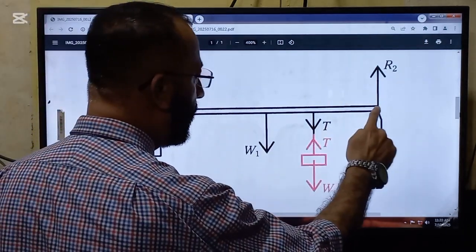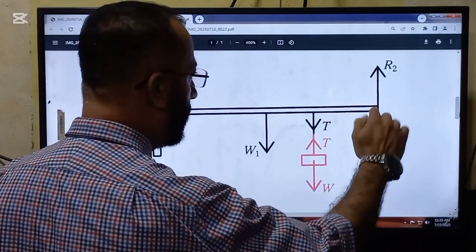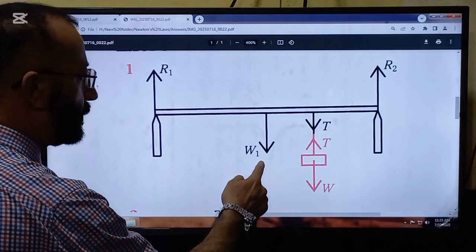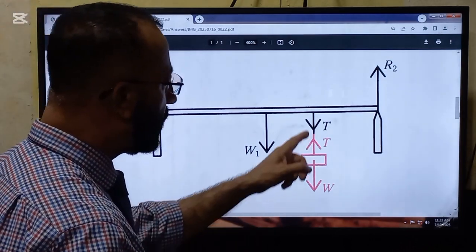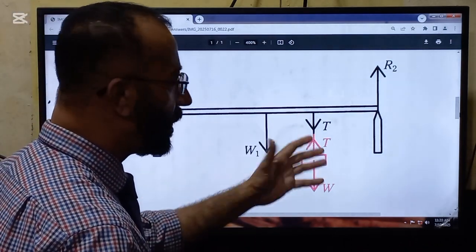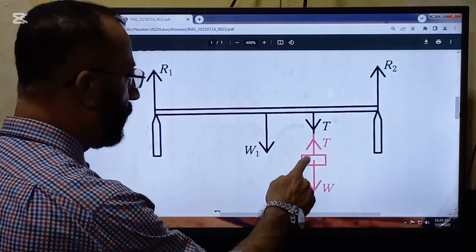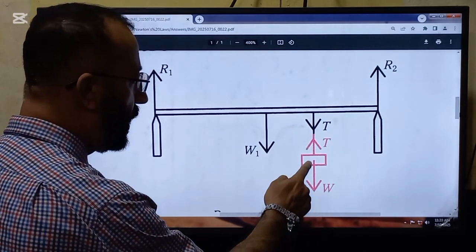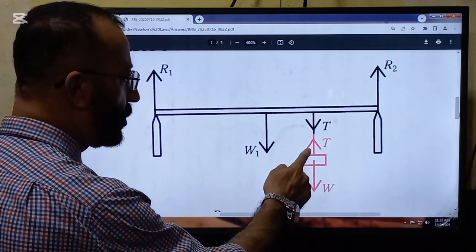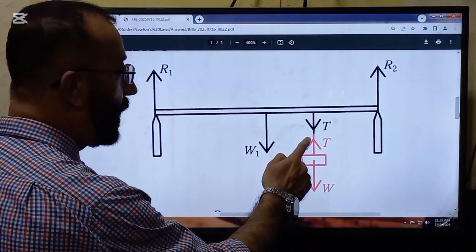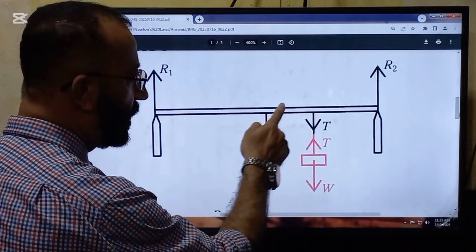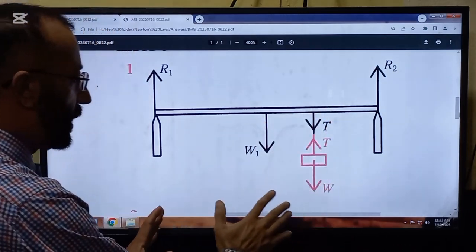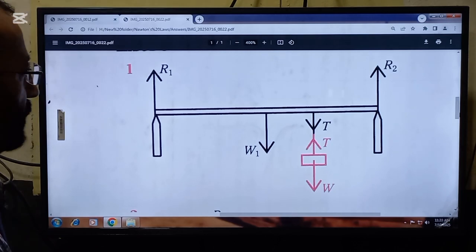Here is the beam that is resting on the supports, so its weight will act downward. And here is a weight that is hanging from the beam. Here is its weight acting downward, and in reaction there will be a tension in this string. But in reaction, the beam will also put a reaction on it. So these are the forces acting in this figure.